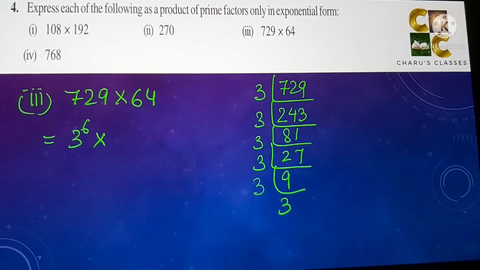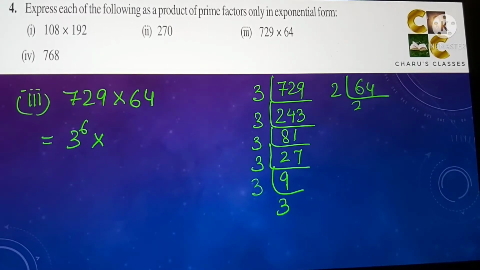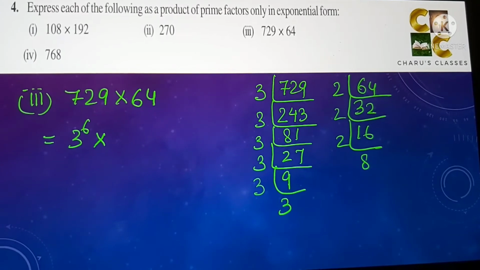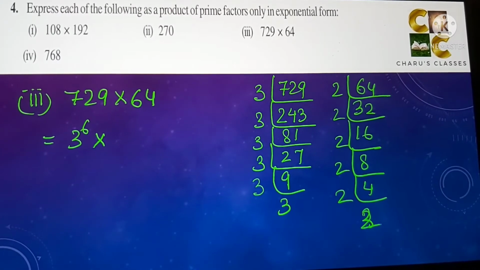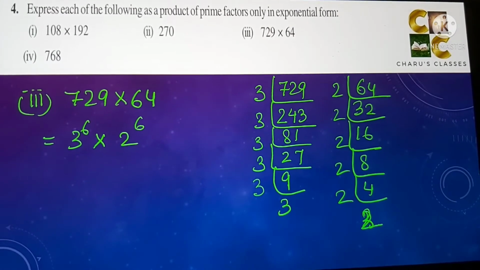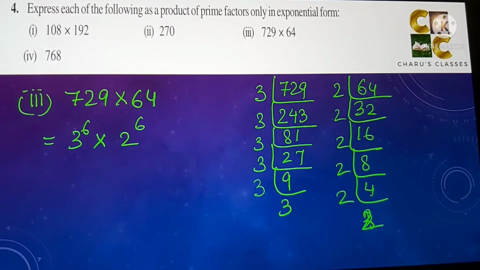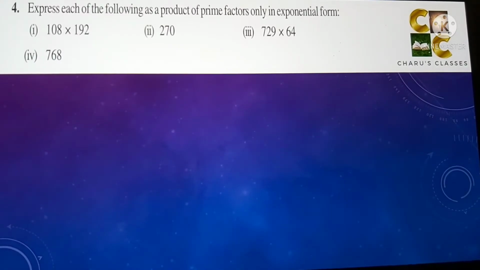So 729 can be written as 3 to the power 6. We'll check 64 now. So we'll begin with 2, 32, 16, 8. So this is 2 to the power 6. We can write this as 3 to the power 6 into 2 to the power 6.